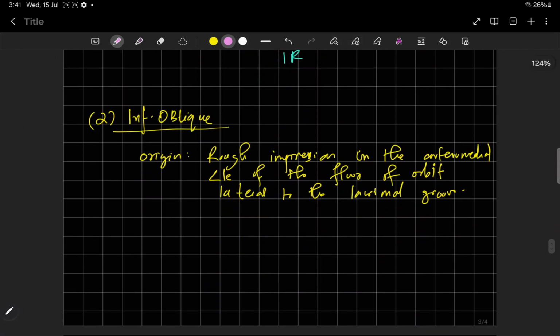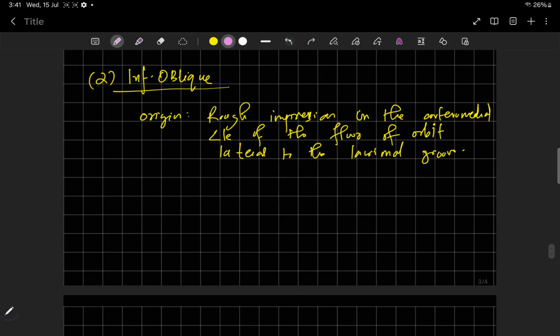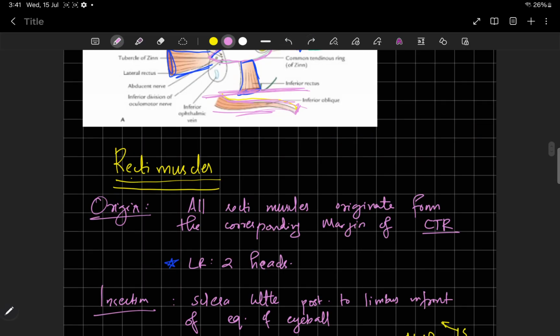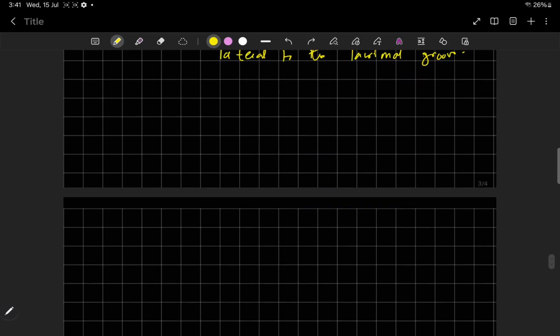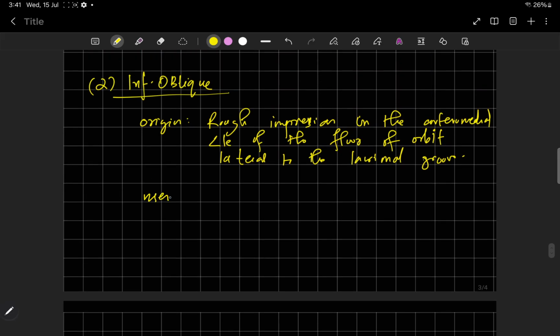So we can represent the insertion of the inferior oblique muscle in the same diagram as well. Just like the superior oblique muscle, this is also inserting into the sclera. Similarly, behind the equator, again in the posterior superior quadrant, not different.